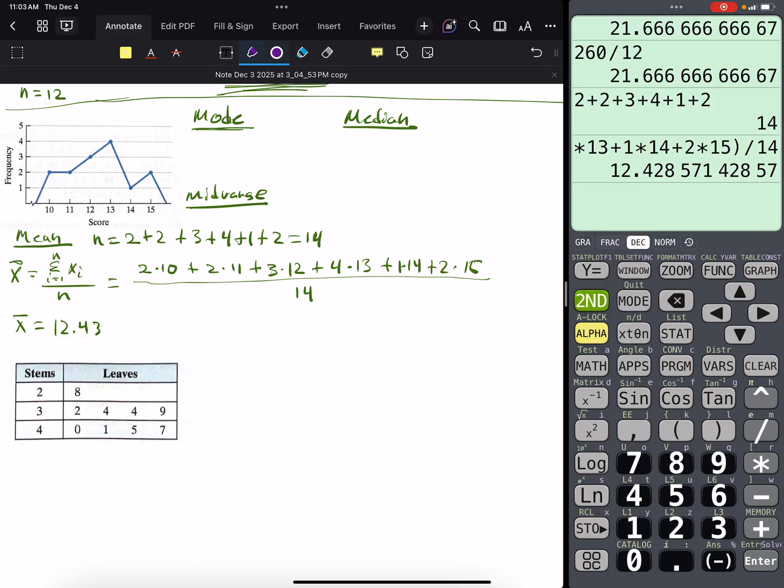Does this feel right? You'd be surprised how many times you'll end up typing something wrong in your calculator, and you'll get an answer that makes no sense whatsoever when you stop to think about it. Like say I'd gotten 15 out. Well, then I'd be trying to draw a line through here and say, wait a minute, that doesn't look like it's anywhere near the center of my data, and so I must be wrong. And then you go back and check and find your mistake.